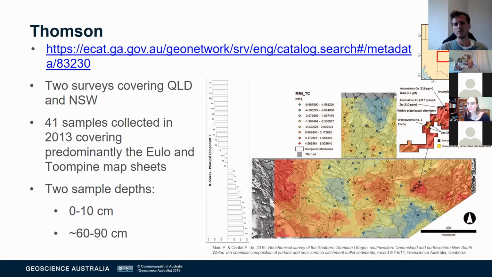So it's not a large number of samples, but again, we've got very similar methodologies to the prior two surveys, with them being overbank sediments, and in this case, again, two sample depths, that top 0 to 10 centimeters, as well as a deeper 60 to 90 centimeter interval. Now, both the Southern Thompson and the NGSA also contain the three different digestions, so that total digestion, aqua regia, and MMI. So all of those are available from the GA website, as well as the raw data through the portal.